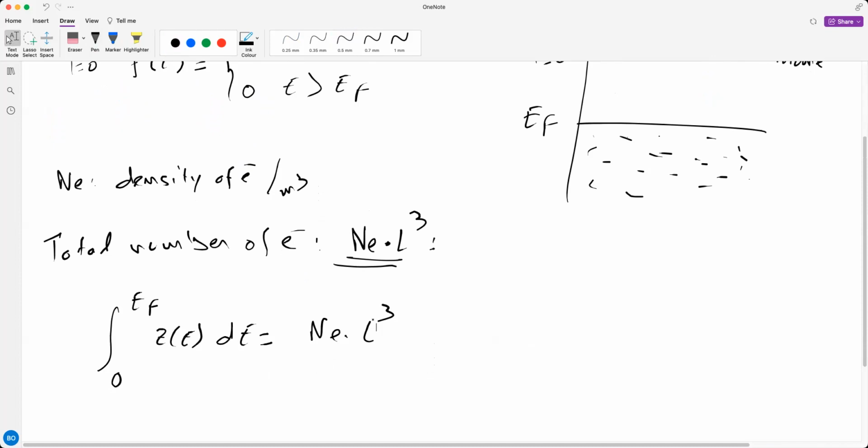No, wait, let me first explain something. The first thing, I want to calculate the total number of electrons in this volume. I know that the total number is equal to the density times the volume. Before doing this, I want to specify two remarks.